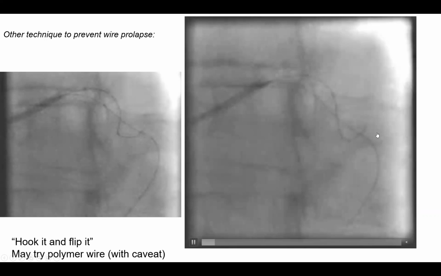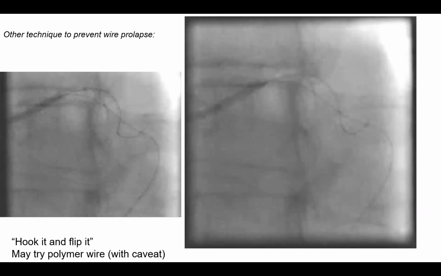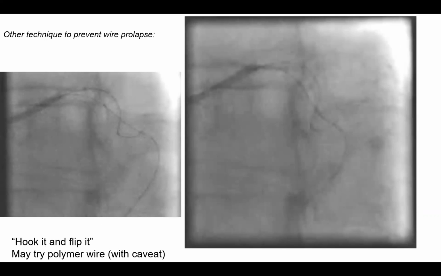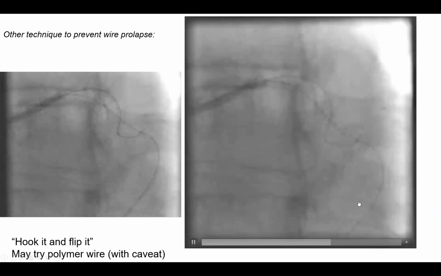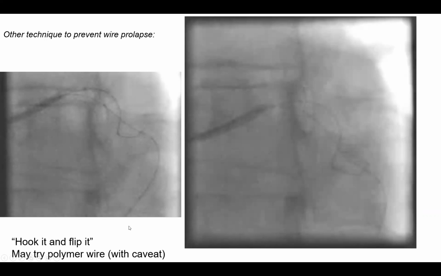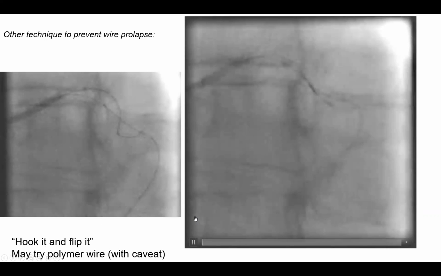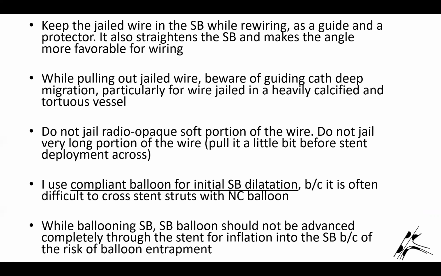You don't push it. So you hook it and you flip it around. You go counterclockwise and clockwise, flip it around. Be patient. Don't push it much. You flip it around with a forward tension, not a push, and it will fall. Turning wheel, or hook it and flip it technique. Okay, and you see how it falls. And that will help prevent wire prolapse.